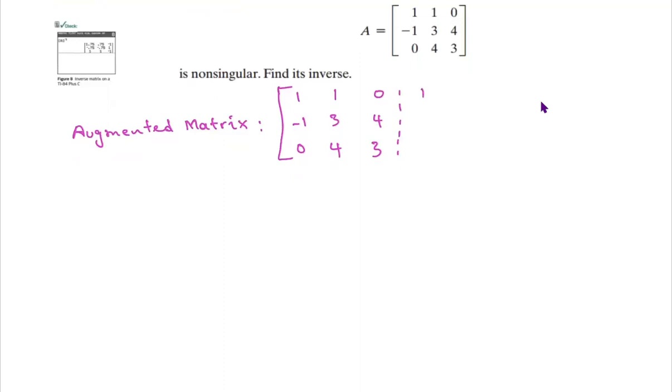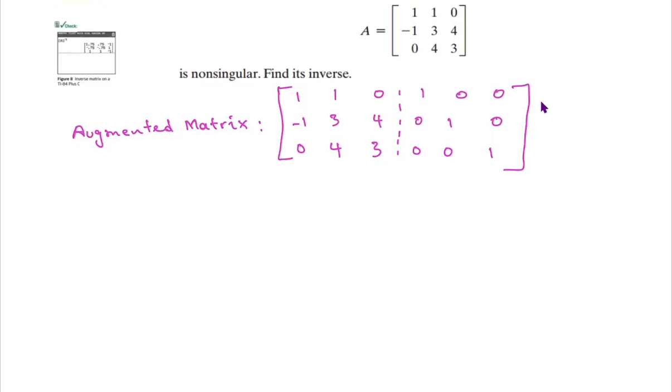So that's 1, 0, 0, and so on. So we already have a 1 here and a 0 here. All we want is to get a 0 right here.